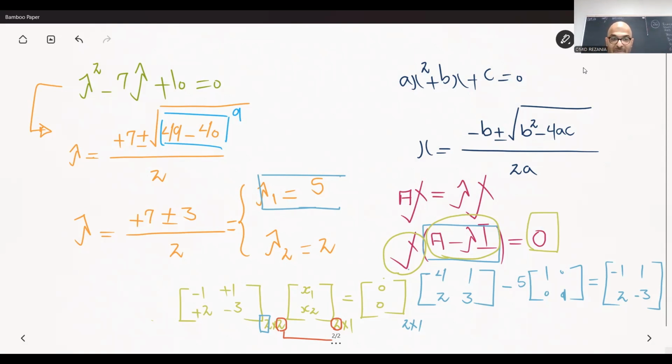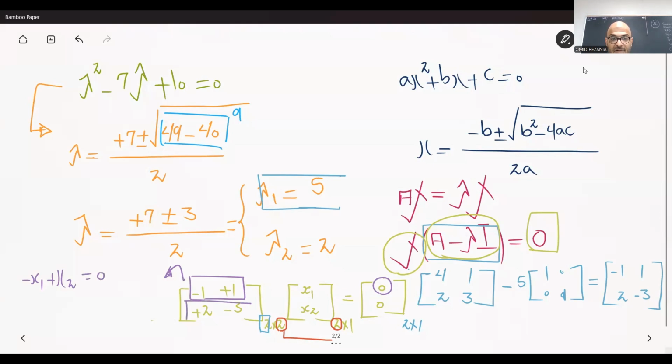Now, in order to find this, I'm going to solve these sets of equations. I'm going to write it here. There is no space. I know that the first row times the column gives me the first element. Then it means minus x1 plus 1 times x2 gives me 0.